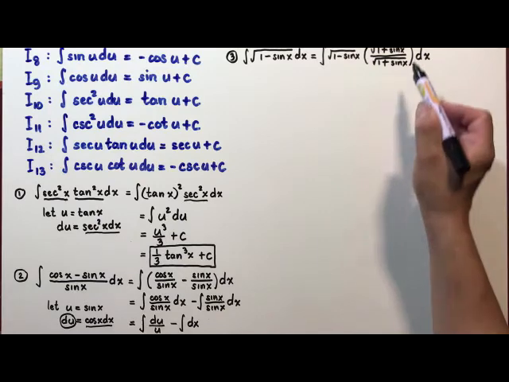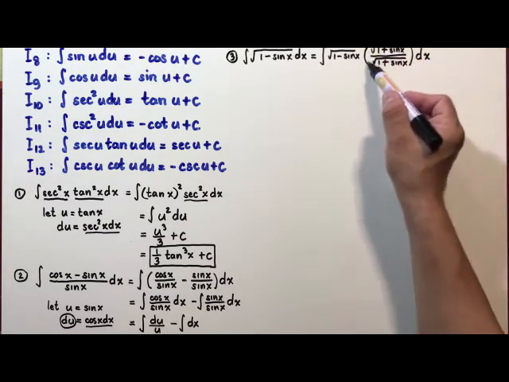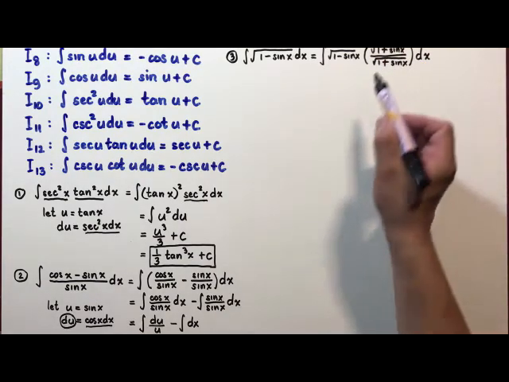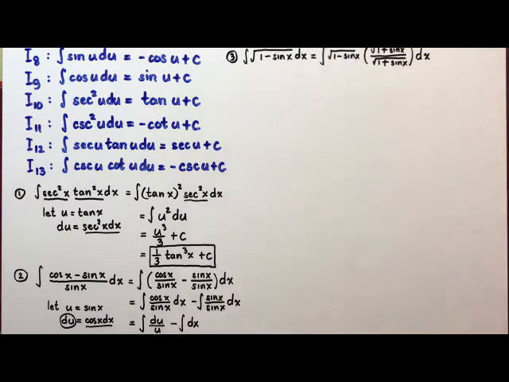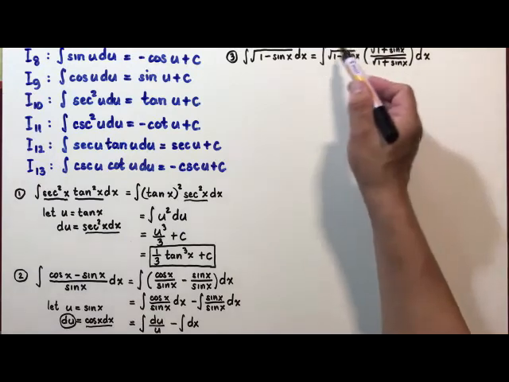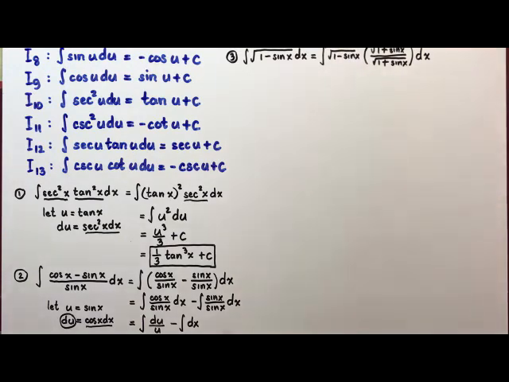You should realize that this is just equal to 1, so we did not alter the value of our original integrand. We just want to transform this such that the integrand will be a little bit easier to integrate.